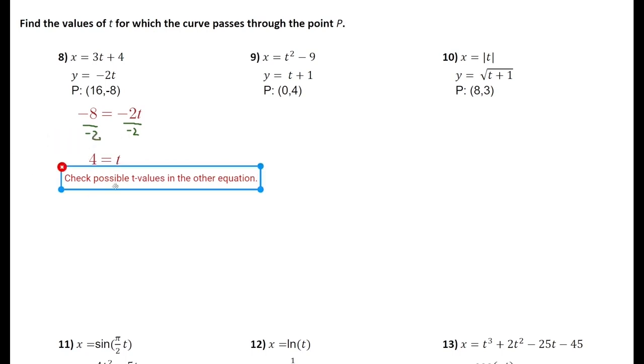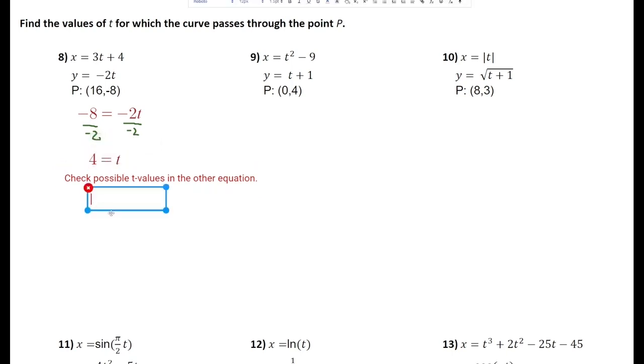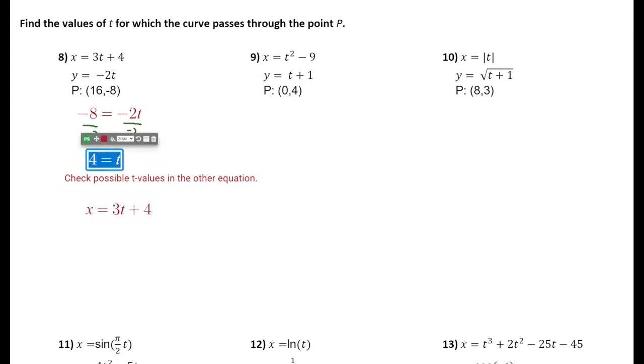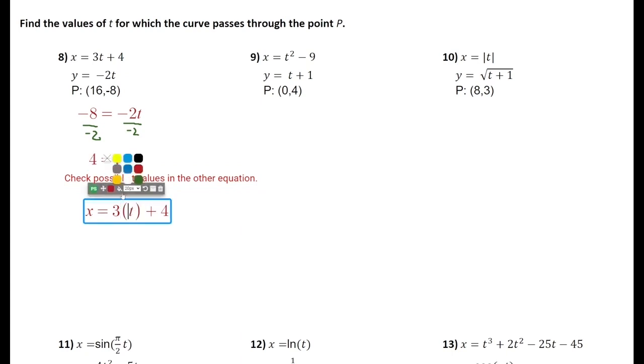And then here we can verify whether or not this is a solution, or maybe it's not. Maybe there's no solution, but let's find out. So the other equation is the x equation. We've got x equals 3t plus 4, and we're going to check this value 4. We want the x value to be 16.